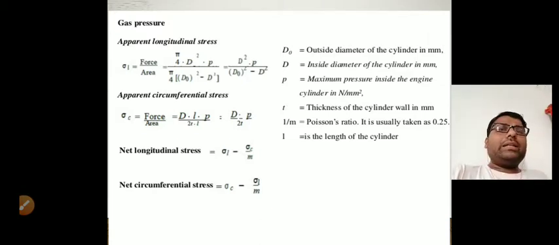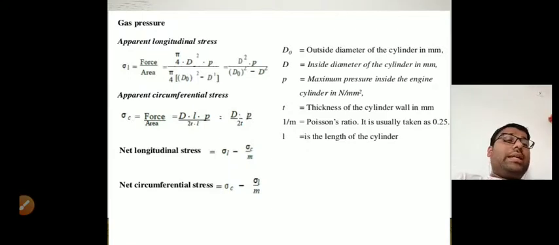the circumferential stress sigma c is equal to force upon area. Now, the area we are taking here is the circumferential area of the cylinder. So sigma c is equal to d into L into P divided by 2t into L. So the equation of circumferential stress sigma c is equal to d into P divided by twice t.